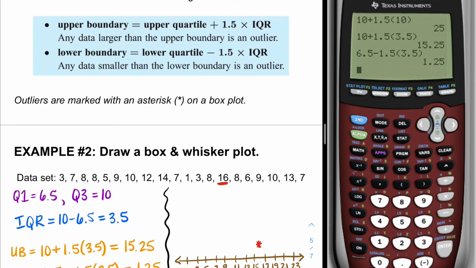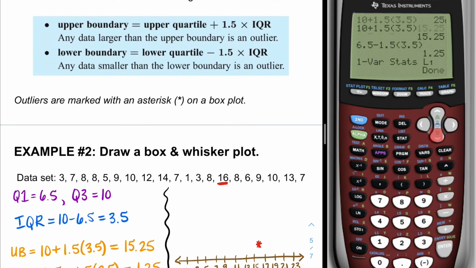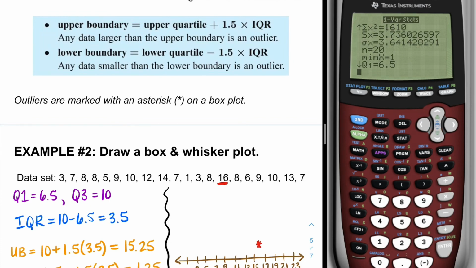I already know that my minimum, when I go here to stat calc, the smallest number that I see is 1. So I know 1 is going to just be a dot. The next biggest number that I see other than the 16 is going to be 14. So that is going to go there.